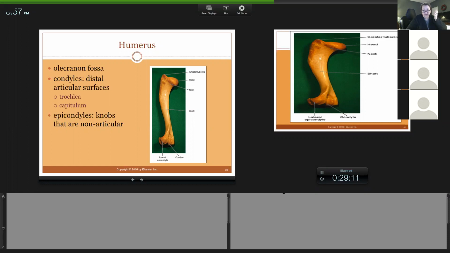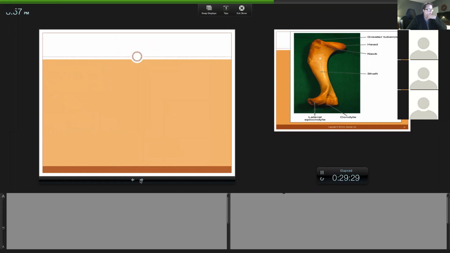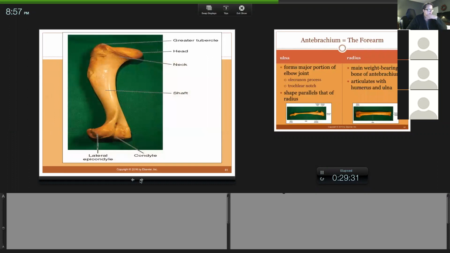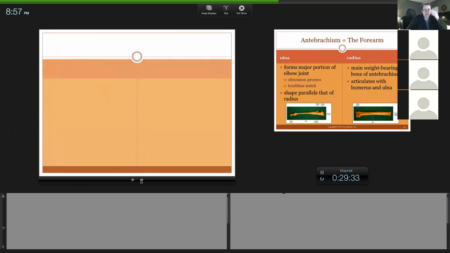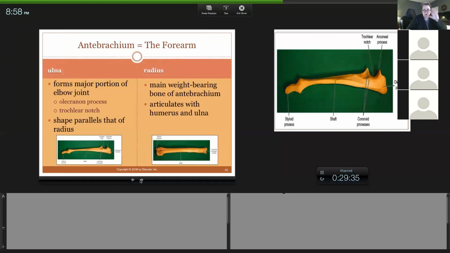Olecranon fossa, that's where the olecranon sits in the back of that humerus. It's important that you know what a fossa is, a condyle, an articular surface, and be able to know those names. So it goes humerus, then you have the radius and ulna, which are parallel.